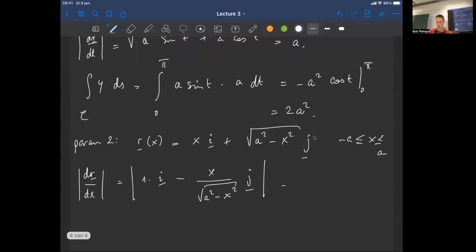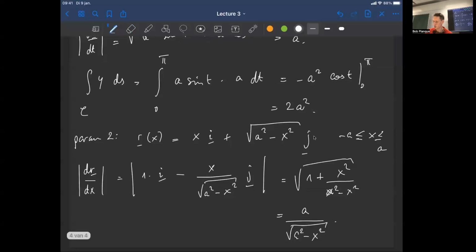If you do that, you get the square root of 1 plus x squared over a squared minus x squared, which is a over the square root of a squared minus x squared. But the speed with which you traverse this curve is really different from the previous one, because at the beginning I traverse it very fast with a little bit of change in x, but somewhere in the middle I actually traverse it rather slowly in this parameterization.